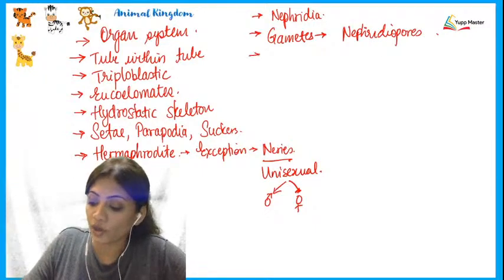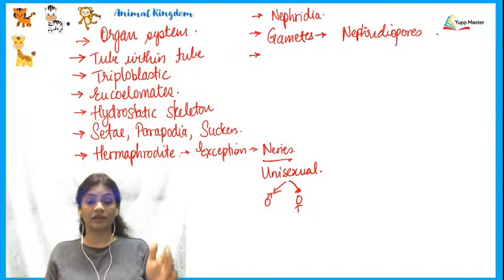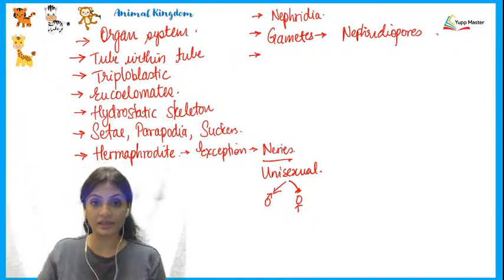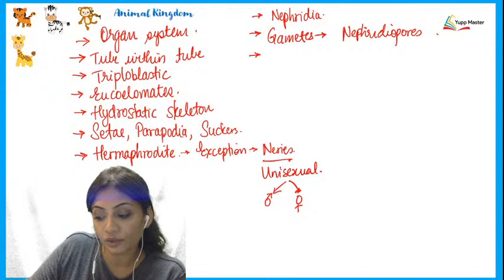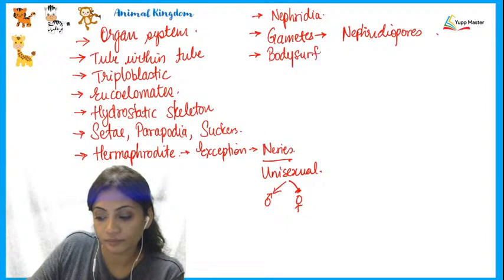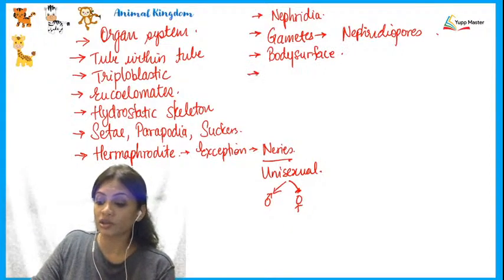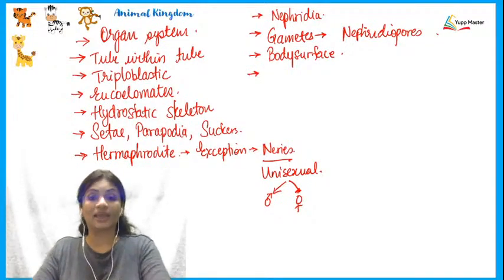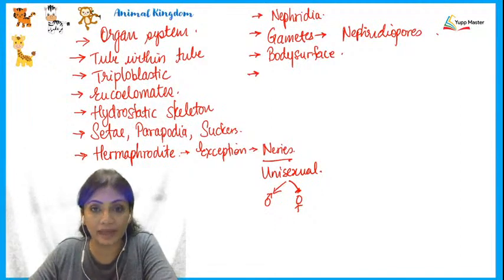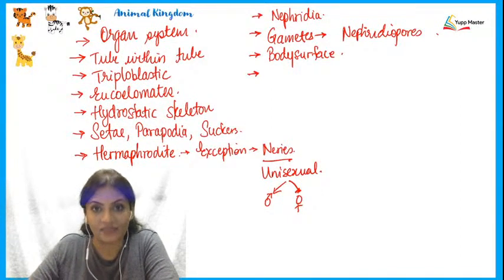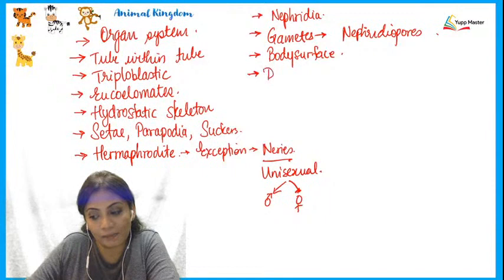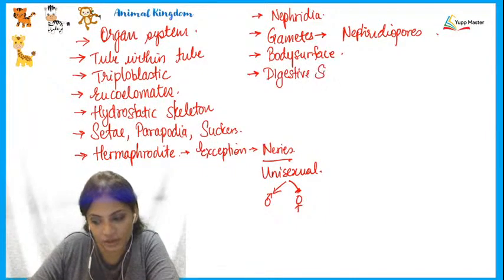After the reproductive system, what about the respiratory system? They were breathing through their body surface. Then we also saw the digestive system. It was a tube within tube body plan, which indicates that the digestive system is complete.